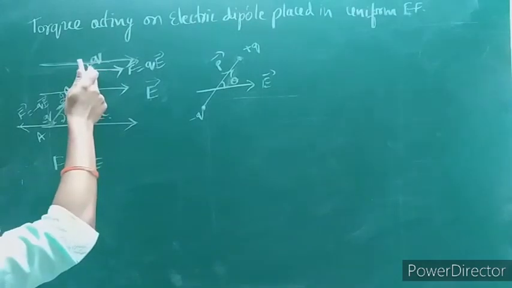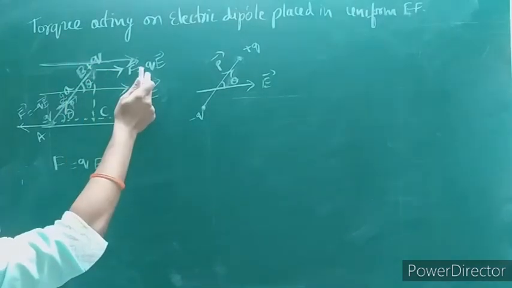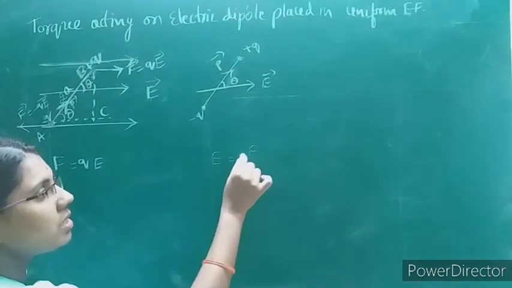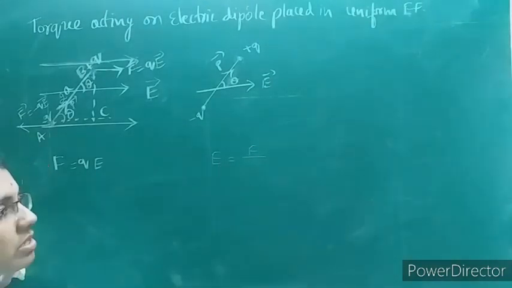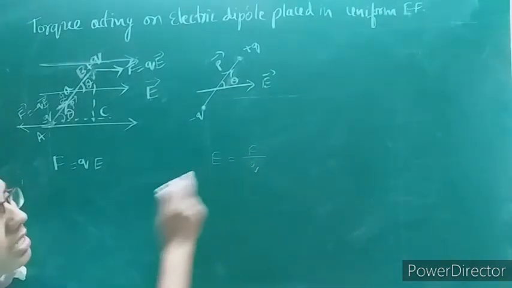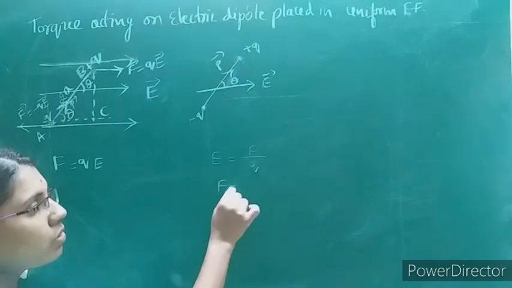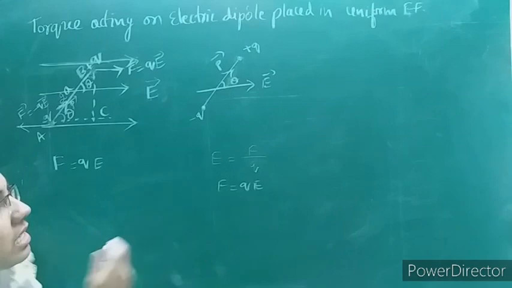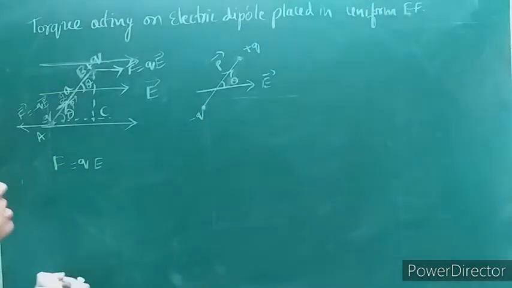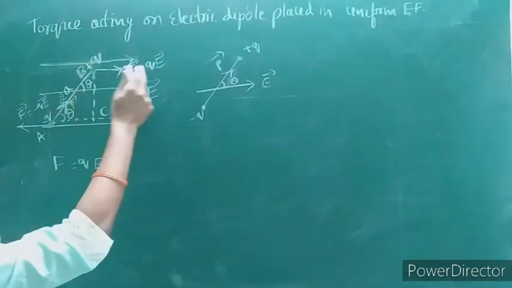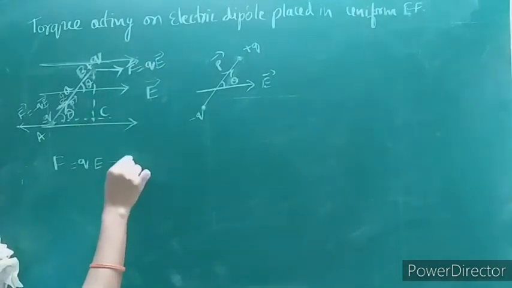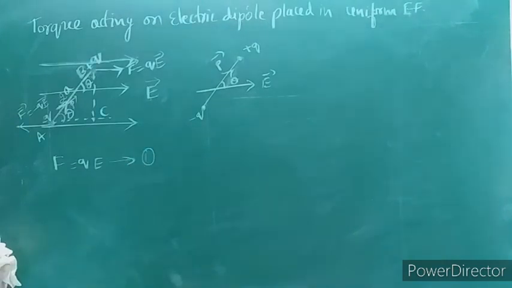From the definition of electric field, it is the force per unit positive charge, or simply, for any charge, the force acting on that charge. So F is equal to qE. If the charge is positive, plus qE, that means force and electric field act along the same direction. Since this is the positive charge, the force acts along the direction of the electric field, and the magnitude of the force is F equal to qE.